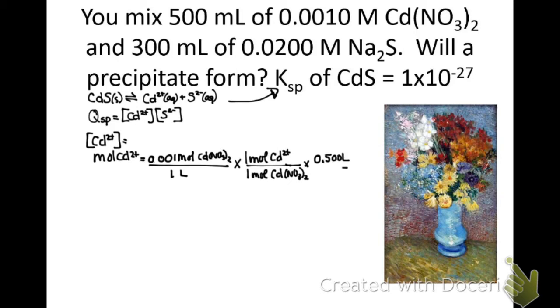And so that's going to give us that the moles of cadmium are 5 times 10 to the minus 4th moles of cadmium 2 plus.